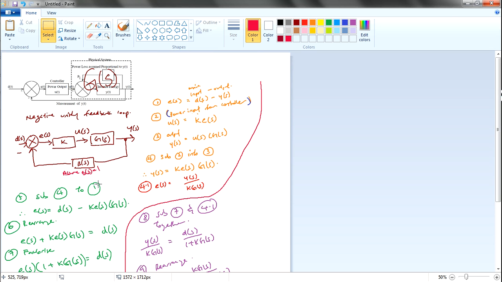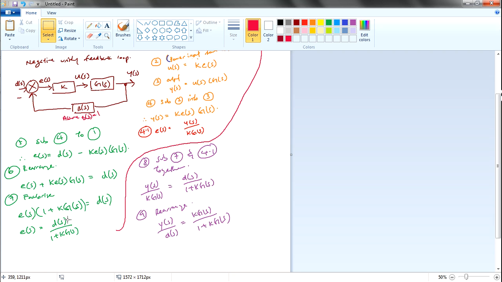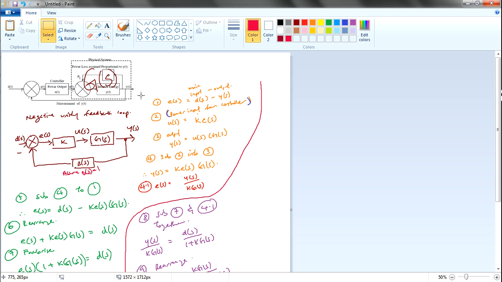So don't get confused with so many S's and E's and whatever. This portion is saying that the error is taken from your input minus the output. And then the output, how can this output be represented by all these things? It is being represented by this.